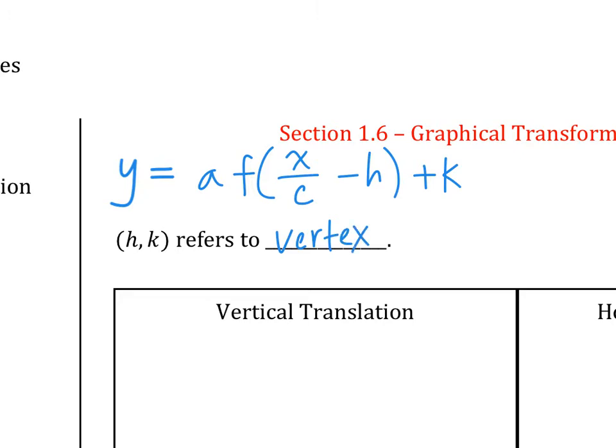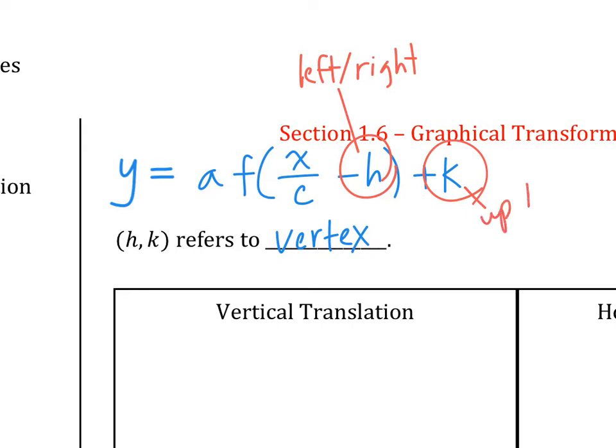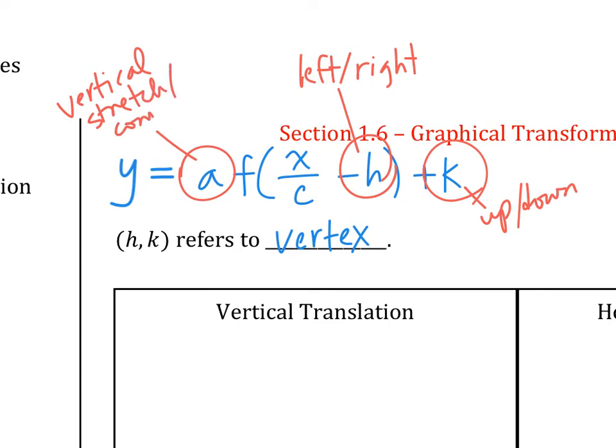Okay, let's recall what these things mean. What does H do? Left and right, good. What does K do? Up and down. And then what does A do? Stretch and compress, but this year, because we introduced C, we're going to be very specific. It's vertical stretch and compress.